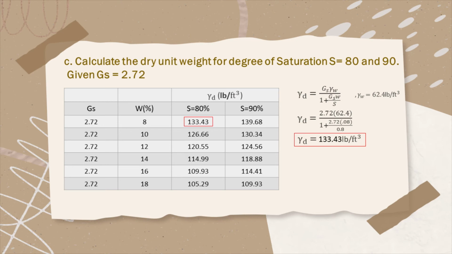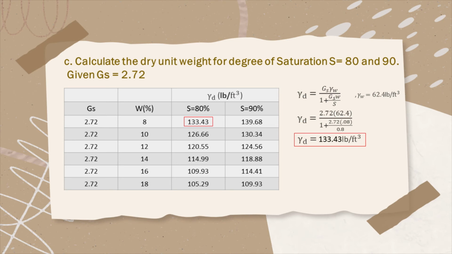And our unit weight of water is equal to 62.4 pounds per cubic foot. We will use this formula for the saturation of 80% and 90%.